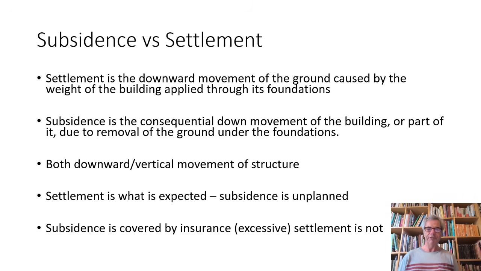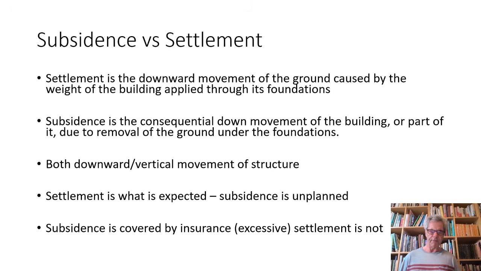So if you've done all your sums and figures and calculations and done your site investigations correct, the building that you put up there, be it big or small, should settle down uniformly and to about the amount you've expected. And subsidence is covered by insurance.